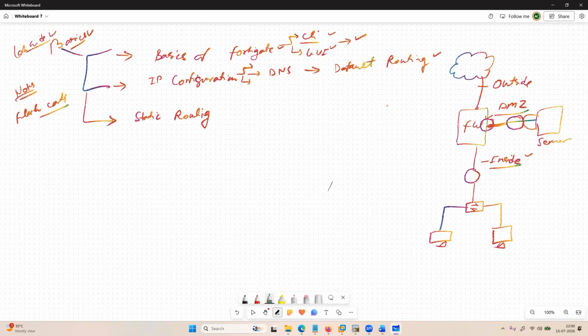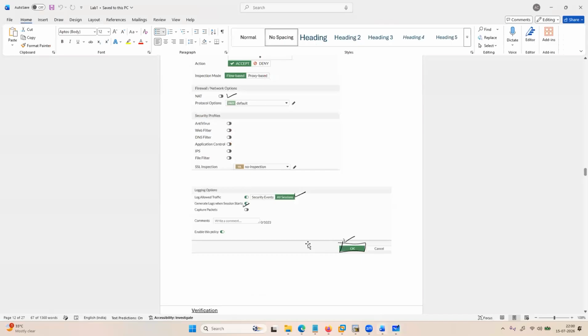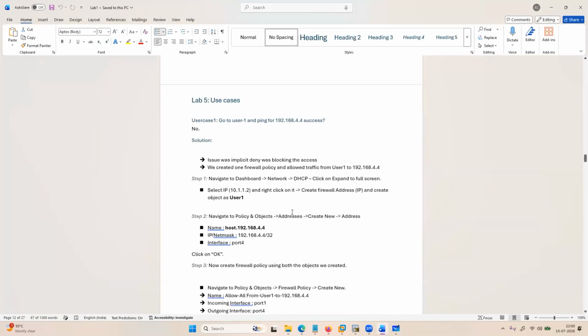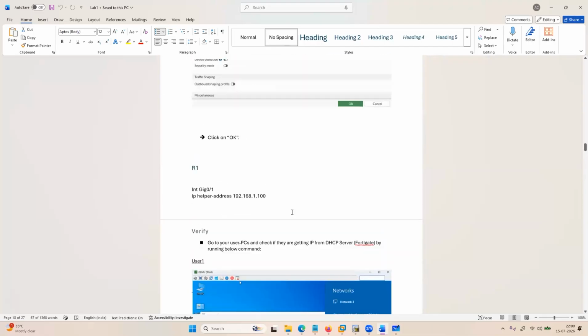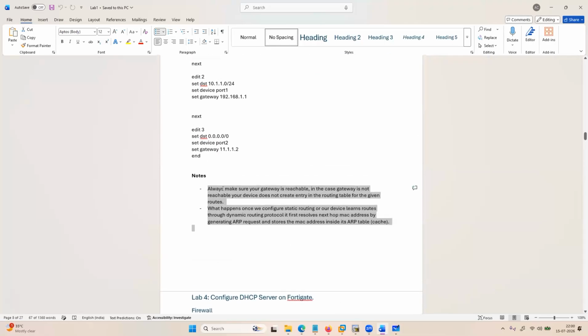I think you missed that part. I was explaining that, so I can show you again. For example, this type of notes you will see. This is related to routing, and this is the question that they ask in the interview. This is a scenario-based interview question.